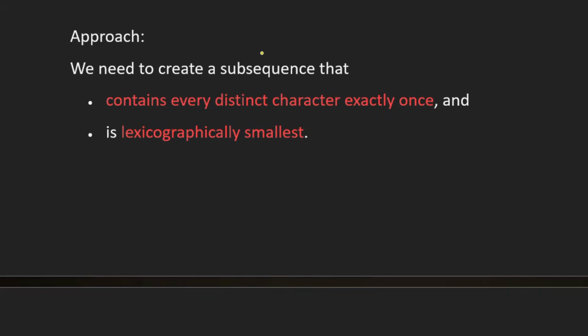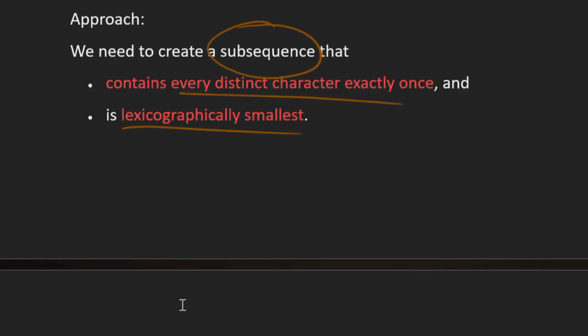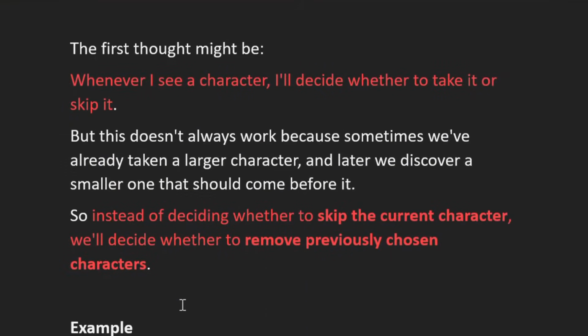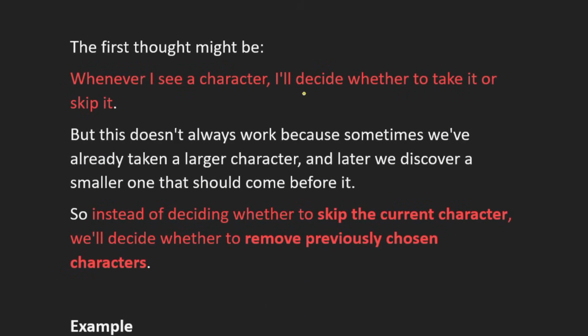Basically we need to create a subsequence which contains every distinct character exactly once, and the subsequence should be lexicographically smallest. The first thing that comes to my mind is, whenever we get a character ch, we take one of two decisions: either we take the character or we skip the character.